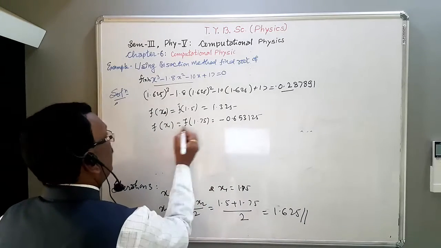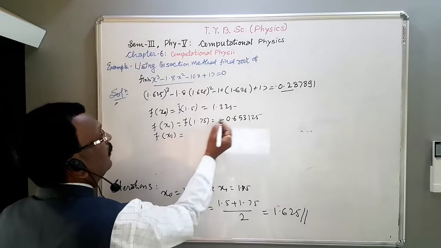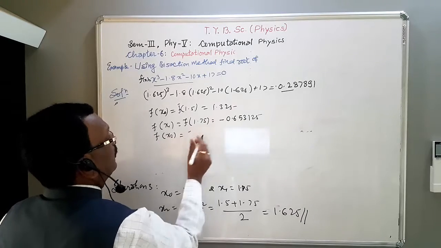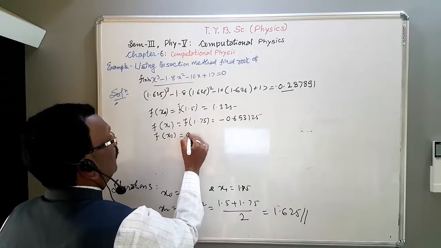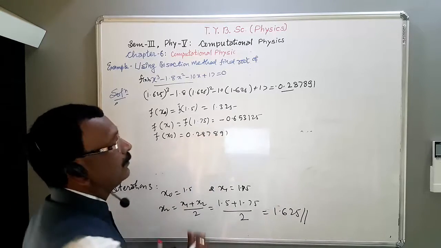And then last, f of x2 is equal to this value, 0.287891.